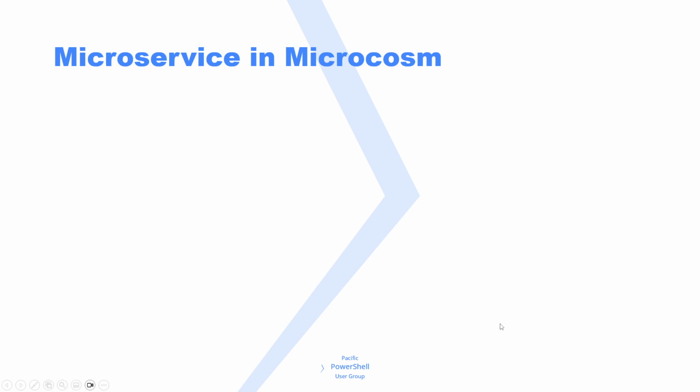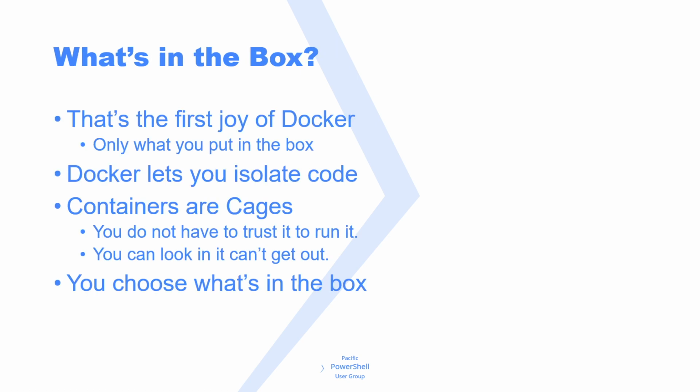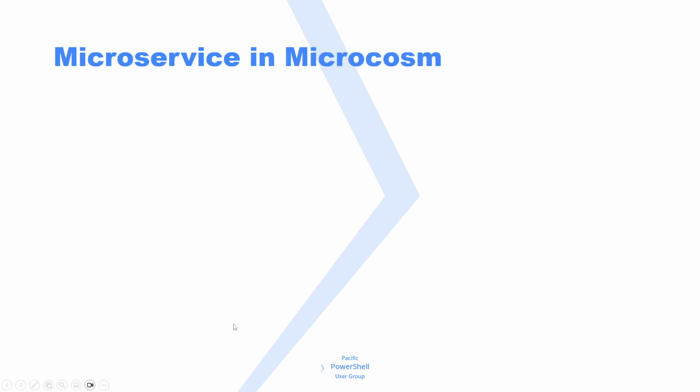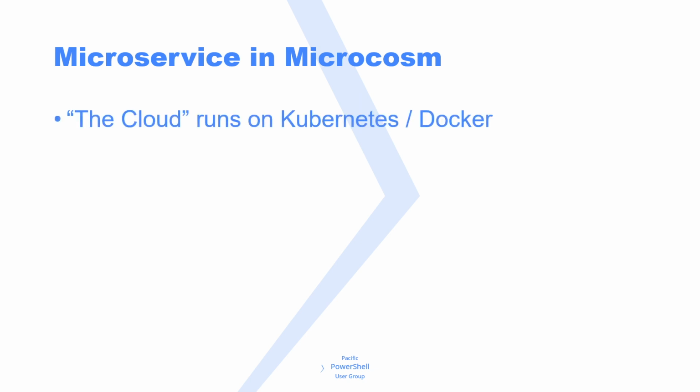So let's talk microservices. Having just covered the joys of Docker, the cloud basically runs on Kubernetes and Docker at this point. That's what all of those links of, hey, here, run this in there, meant.